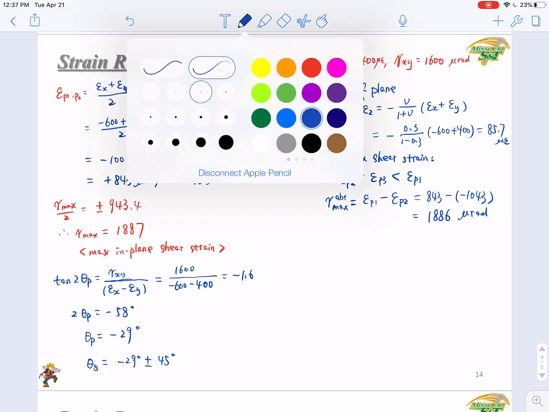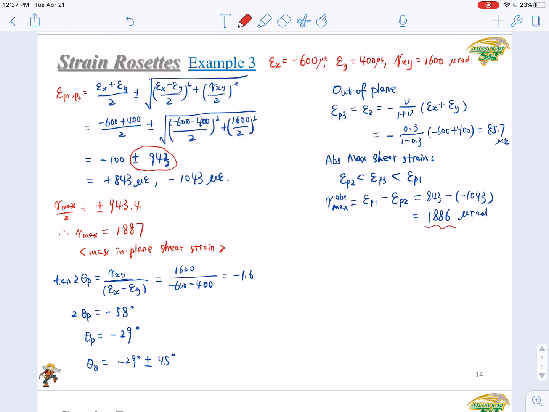You can see that this number is the same as here. If you ignore this, here will be 6.2. You get the same result as here. So this again verified our theory, our principles. If you have different signs, the absolute maximum shear strain is the same as the in-plane maximum shear strain.